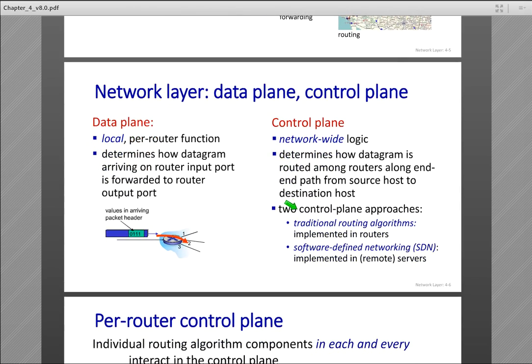We can divide the network layer into two different sections. The first one is the data plane, and the second one is the control plane. When we talk about the data plane, we talk about the basic functions of a router.